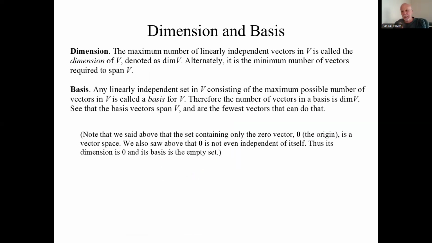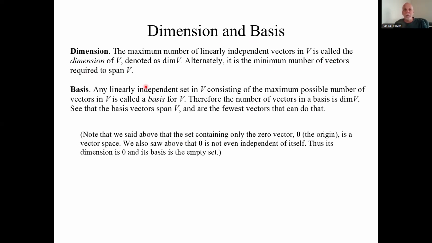Okay, now let's get into dimension and basis. What is the dimension? To me, the more intuitive way to define it is: what's the minimum number of vectors required to span the vector space? We're talking about dimension and basis of a vector space.